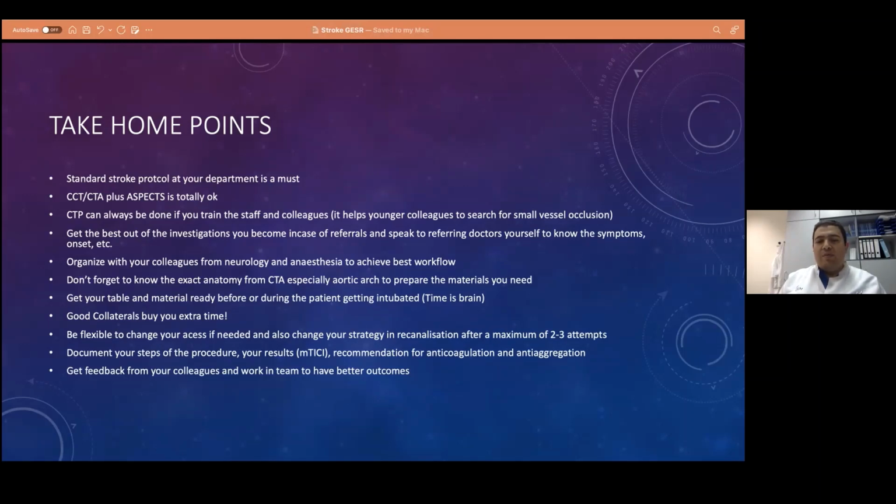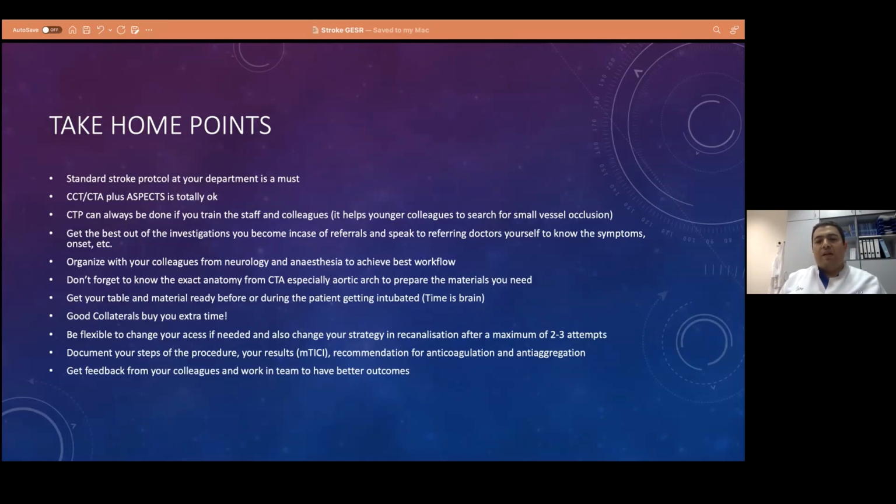You can perform CT perfusion if you train your colleagues and the staff you have, so that it doesn't cost you a lot of time, because most of the time you can do it just from the native CT and the CT angiography. If you get pictures or investigations from referring hospitals, get the best out of it.